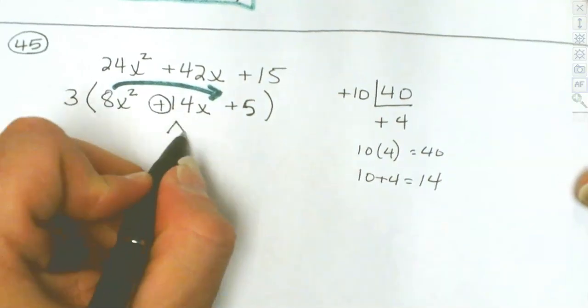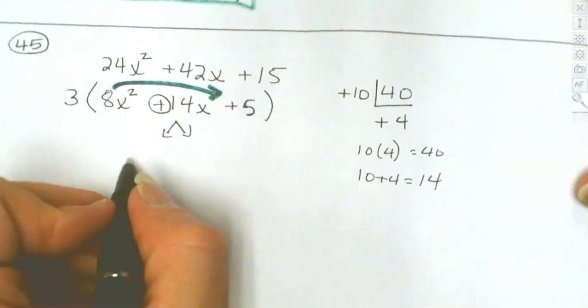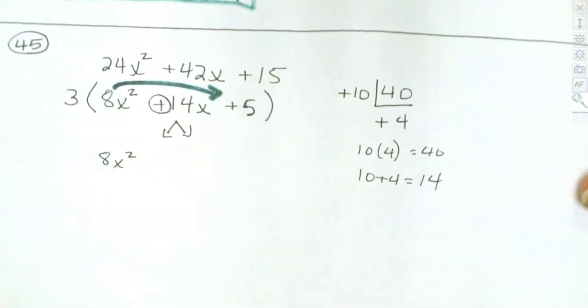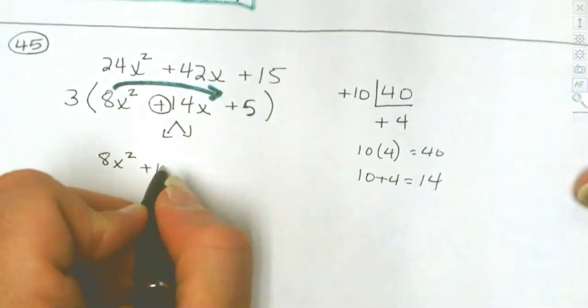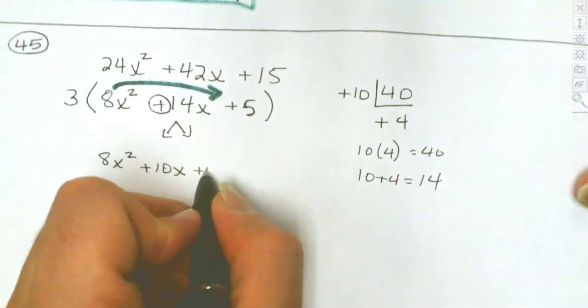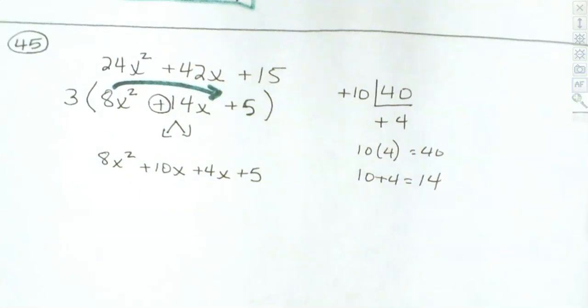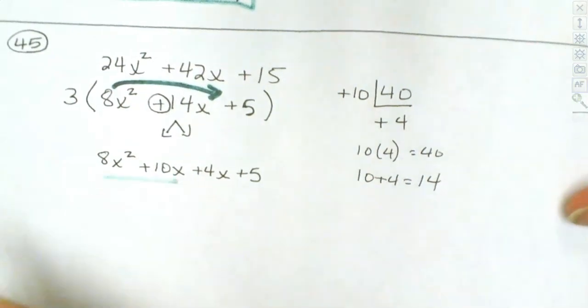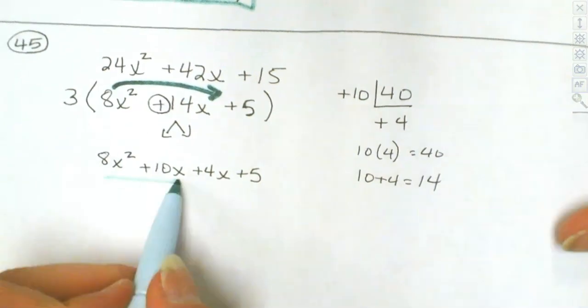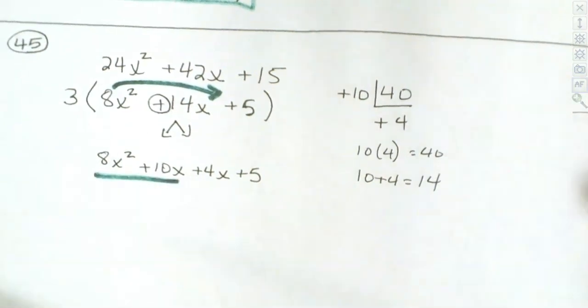Now we can split it down into 8x squared plus 10x plus 4x plus 5. Factor by grouping. The first two pieces look like they have a what in common? Got an 8 and a 10.